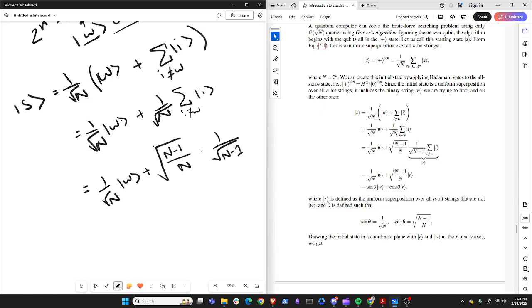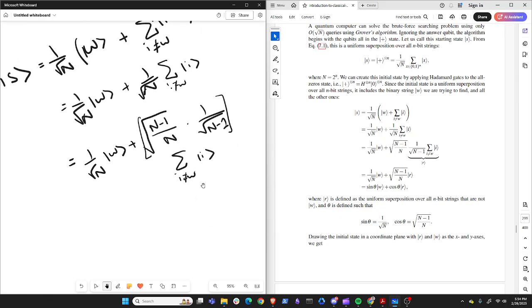This is just some abuse of notation to allow us to do what we do in the next step: sum over I not equal to W of state I. So we can take this block and turn it into R, where R is the uniform superposition over all n-bit strings that are not W.